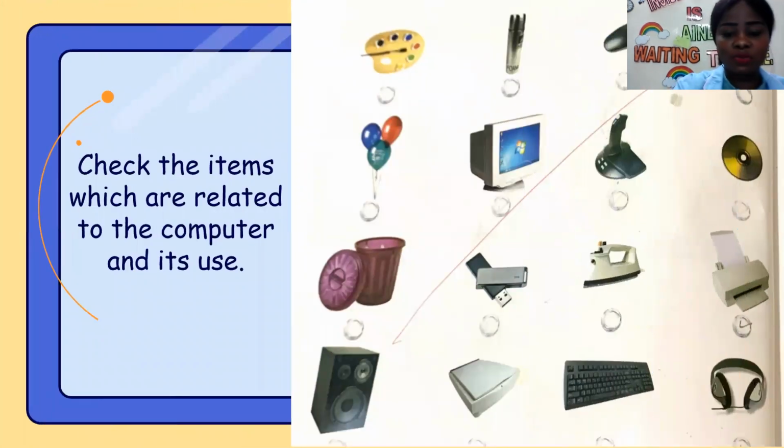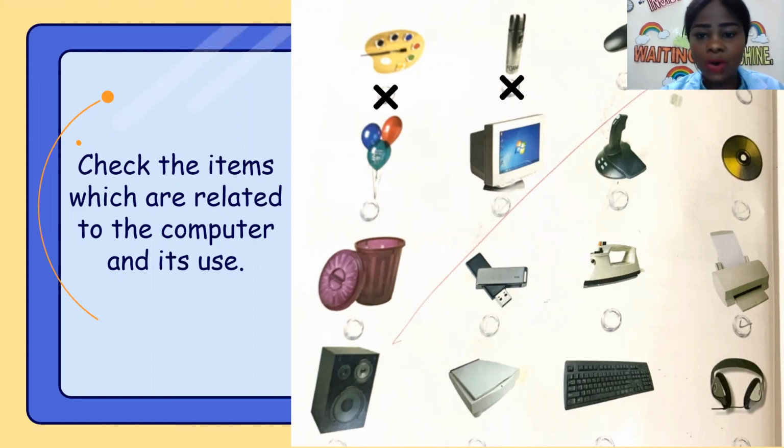Now, this is going to be our activity, 12 to 13. Check the items which are related to the computer and its uses. Is the paintbrush? No. How about the second one? No. How about the mouse? Yes. The books?